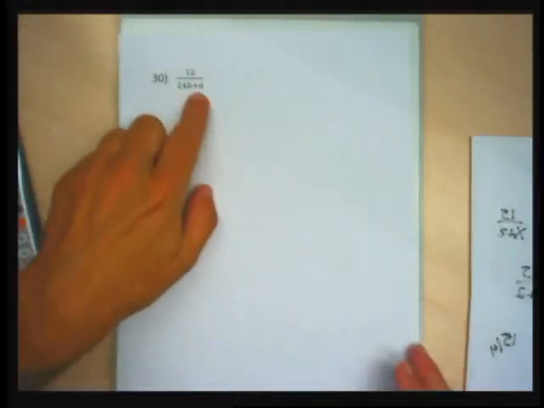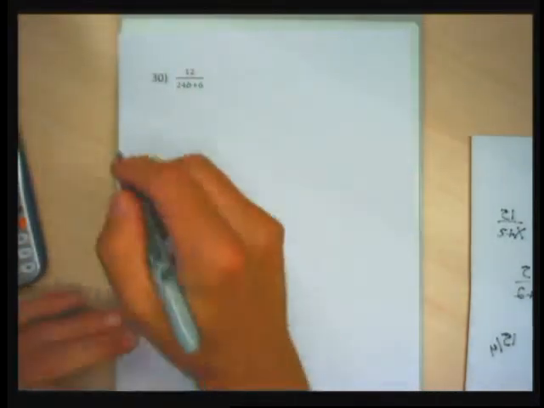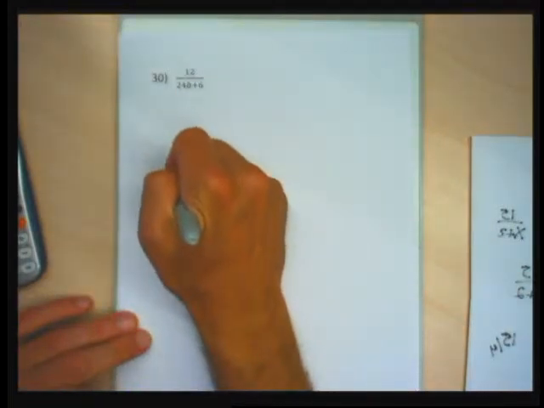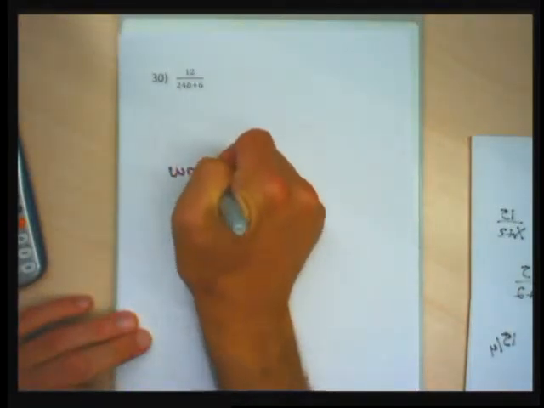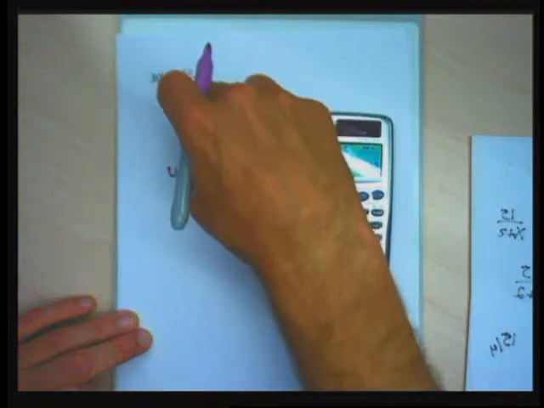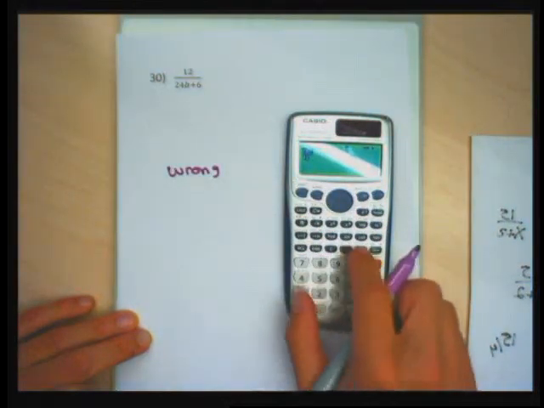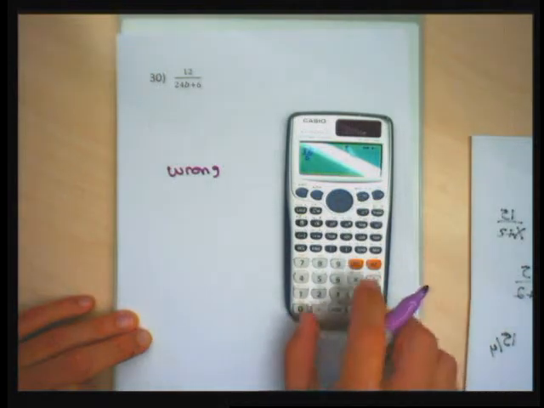Ooh, 30. I can't cancel a letter with a plus sign with a single number. Single numbers can only be canceled with single numbers. It'd be illegal. So this would be a common mistake. If you canceled the 12 with the 6, because they're numbers without letters, 12 over 6 and you'd get 2.